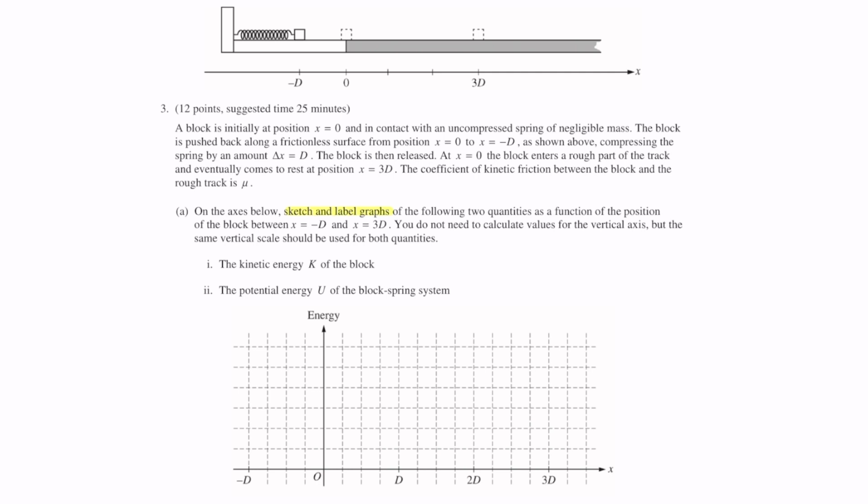Okay, so let's start with the potential energy, just because I feel like it's a bit easier given our initial conditions. We know that it was compressed by an amount of d. So that would give us our maximum total energy of the block spring system for that segment.